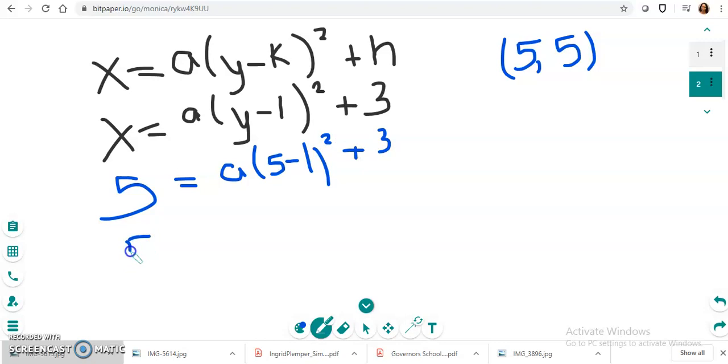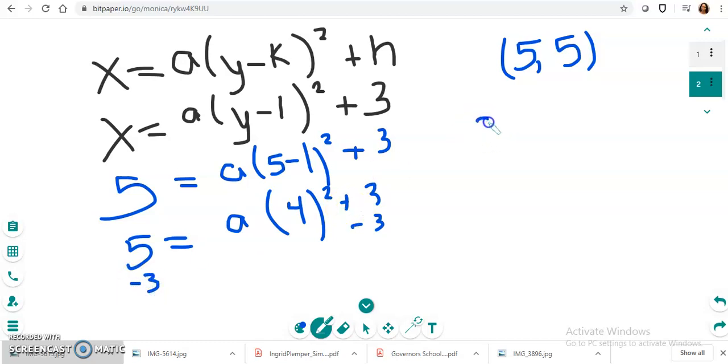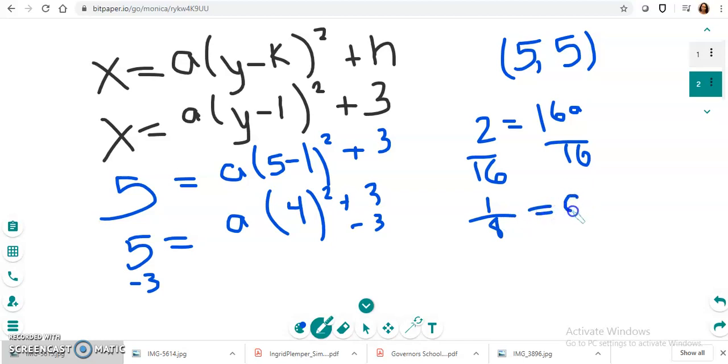So I get 5 is equal to a times 5 minus 1, which is 4, squared, plus 3. I need to subtract this 3 from both sides, and I get 2 is equal to 4 squared, which is 16, so 16a. Divide both sides by 16, and I get 1/8 is equal to a.